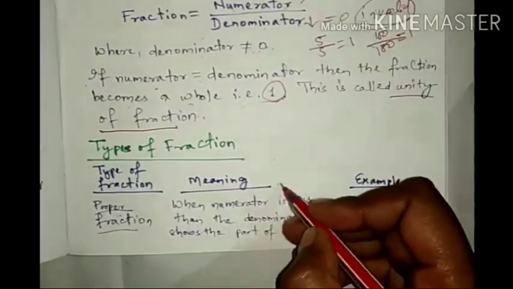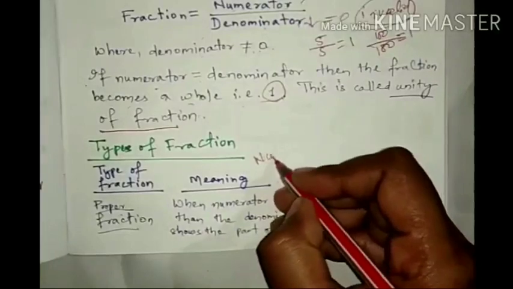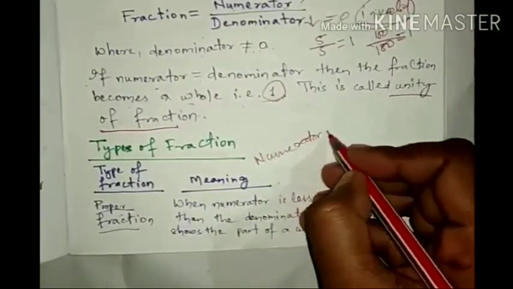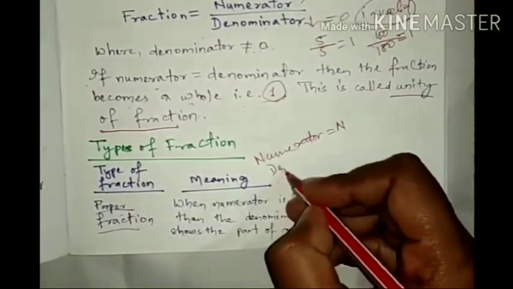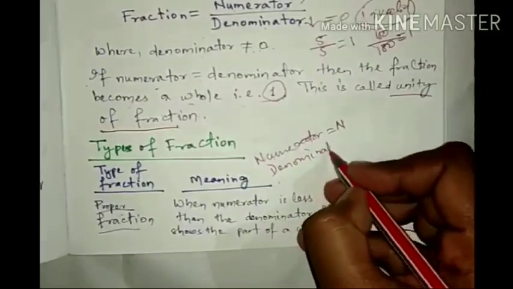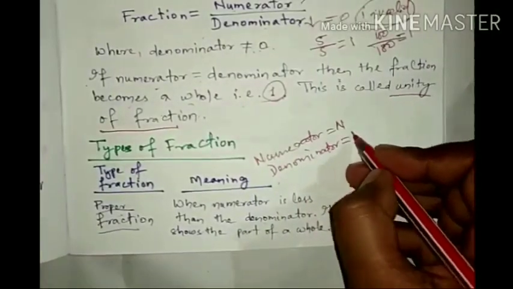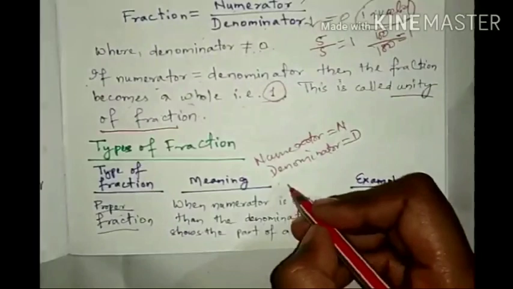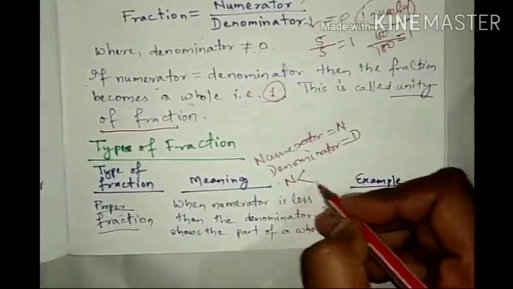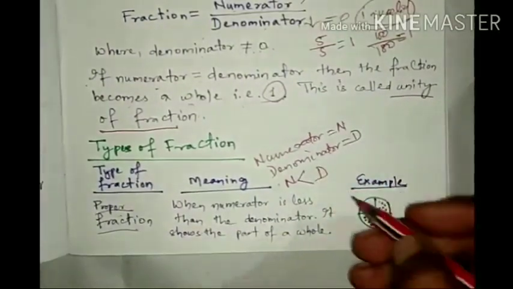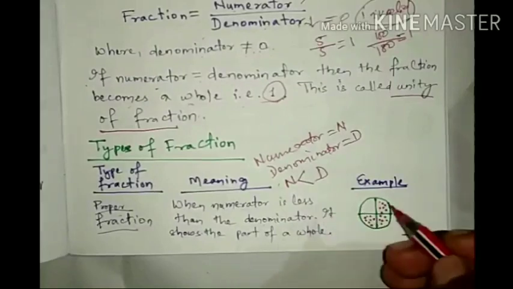If I take numerator equal to capital N and denominator equal to capital D, then when the numerator is less than the denominator, it is called a proper fraction.